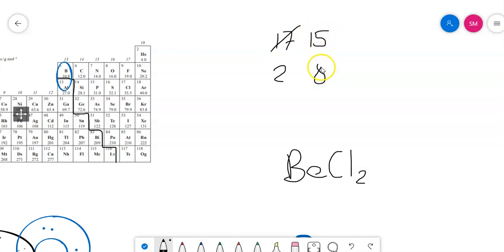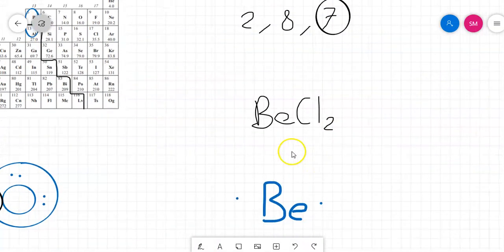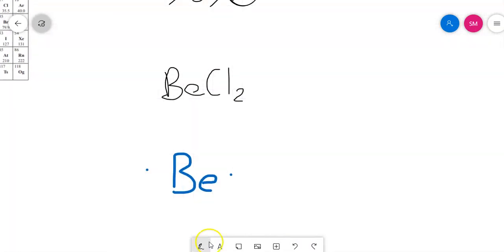Then we're going to put a maximum of 8 in that second shell, which leaves us with 7 electrons. So we're going to be able to fit all of those 7 electrons in the third shell. So chlorine has got 7 electrons in its outer shell. So when we draw the Lewis structure of chlorine, all we need to draw are the electrons that are in its outer shell.